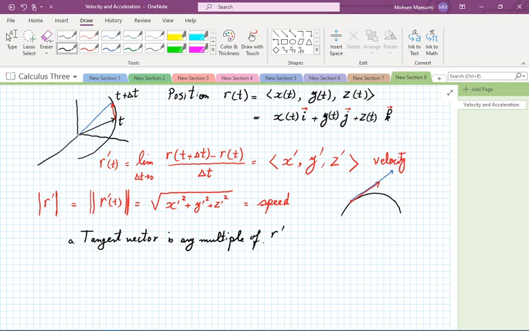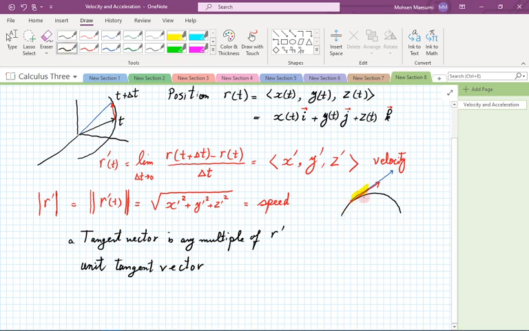Among all of these things, one stands out: the unit tangent vector. This is a vector that we normalize so that its length will be 1, whatever the standard length is for us. We cut it down to size, and that's going to be our unit tangent vector.